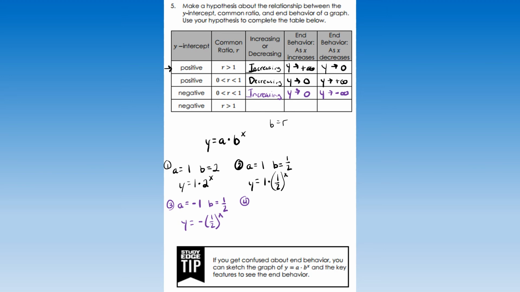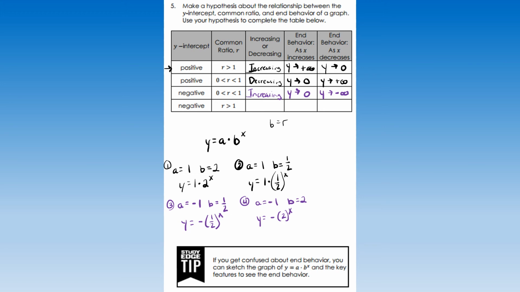All right, and then we've got our last one. A is a negative number, -1, and b, or the common ratio, is more than 1, so b is 2. So that was our graph that said y is equal to -2 to the x power. And what was that graph behaving like?